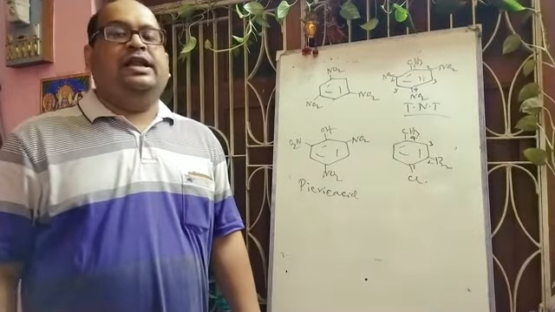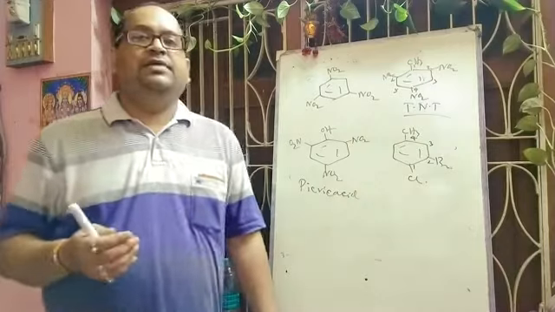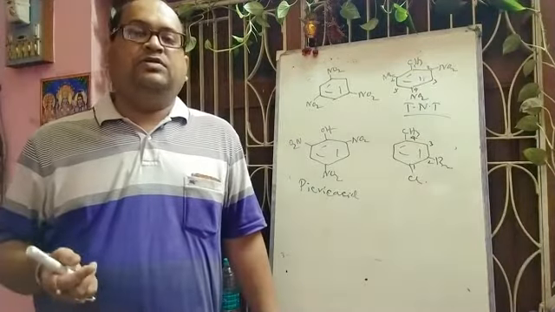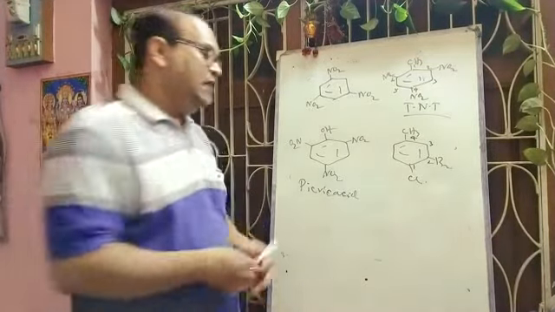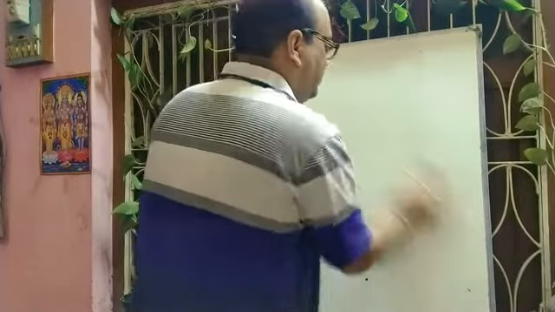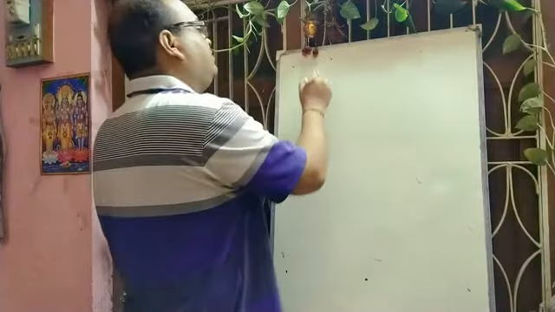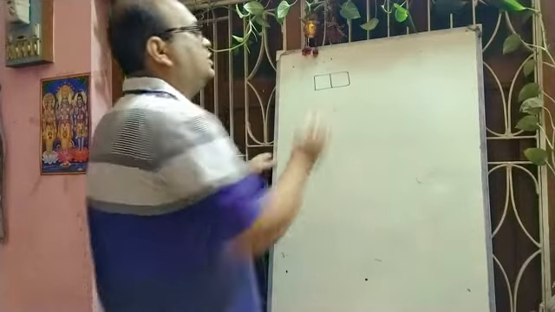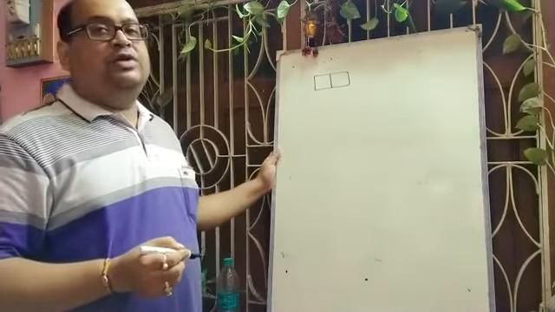Okay. Next in your syllabus there are some bicyclo type of compounds and spiro type of compounds. Okay, that also you have to know. I am giving just one or two examples. Suppose this type of bicyclo compound is there. So how to give the name of this compound?